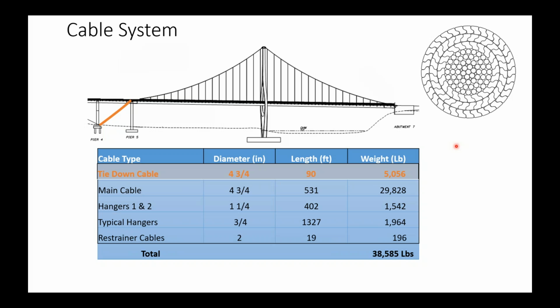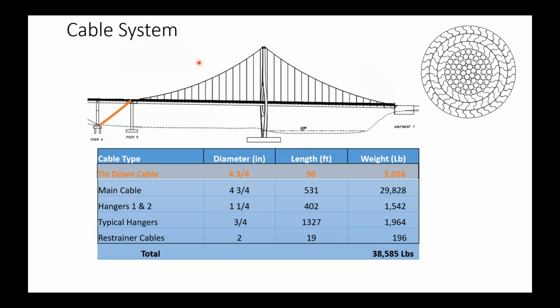With parallel wire strand, you have the advantage that you can basically take all the strands, lay them next to each other, pass them through something much like a post-tensioning anchorage, pull them, and then cut off the excess length. In this case, the main cable, the hanger cables, and the backstay cable had to be prefabricated, and they came from Italy, actually.